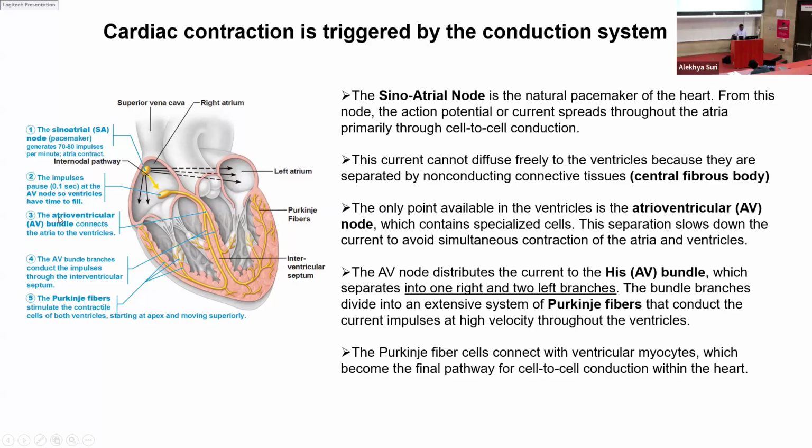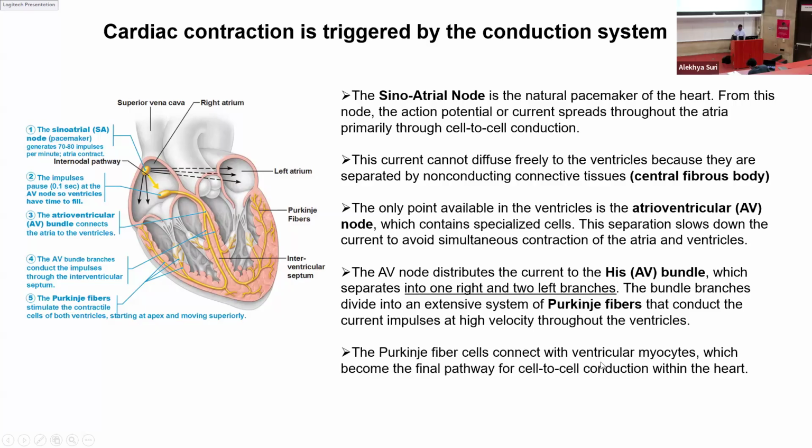Once the signal comes to the AV node, it goes to the AV bundle, then it branches into both left and right sides of the heart, and each bundle is then further divided into an extensive system called Purkinje fibers. The Purkinje fibers are the final end of the entire conduction system, which stimulates the individual cardiac myocytes.